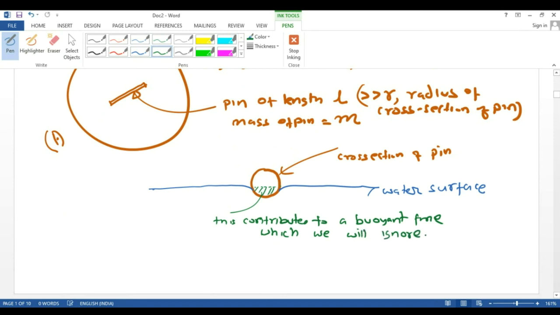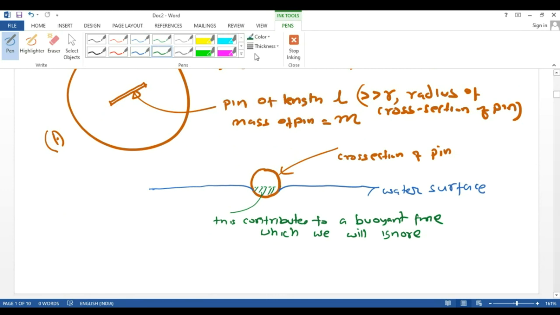We are ignoring it because the volume of fluid displaced would be very small, and the density of the fluid is much smaller compared to the density of the iron forming the pin. So it would be a reasonable thing to ignore it. Though if the examiner has given you that the pin is exactly half submerged, then maybe you need to take this buoyant force into account. When it is numerically possible to find the buoyant force, we will include it in our calculations. If it's not possible to numerically determine what buoyant force will act, then we will choose to ignore it, assume that it is very small, and continue as such.